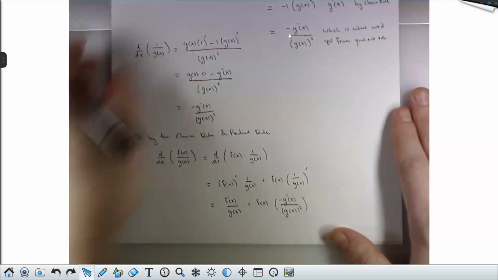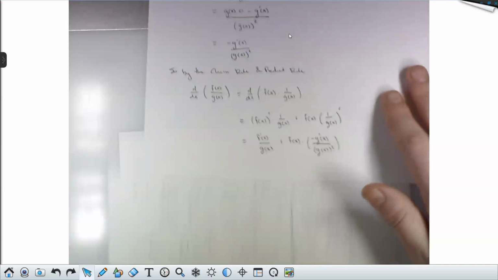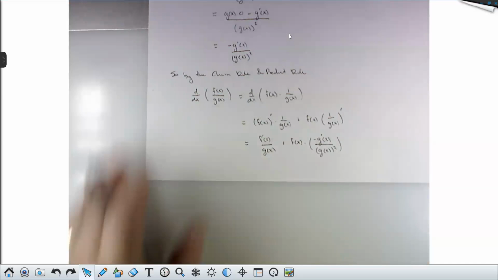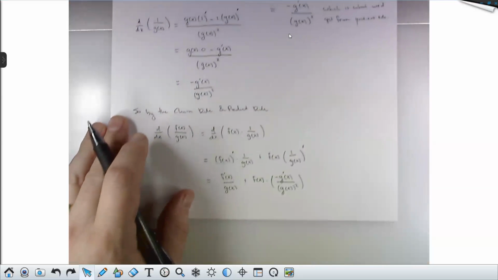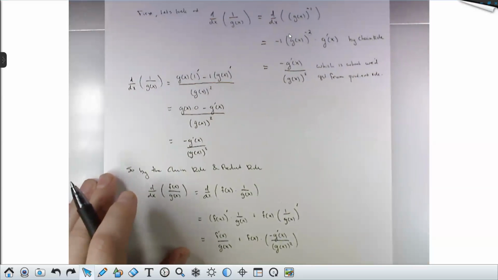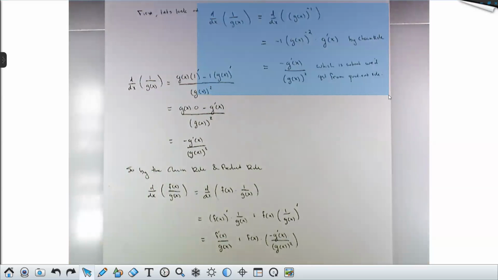And then if you put those pieces together with a common denominator, we get exactly what we want. This way you can see both. So over here, I just used the chain rule, right? I never used the quotient rule, didn't touch it. That's the derivative of 1 over g, which is the piece that shows up here. So I can replace this by what we get from the chain rule, which is this.